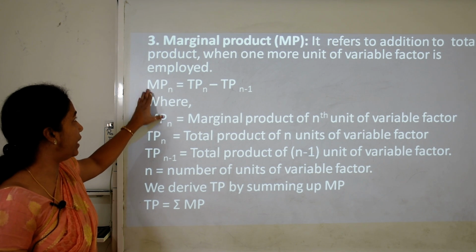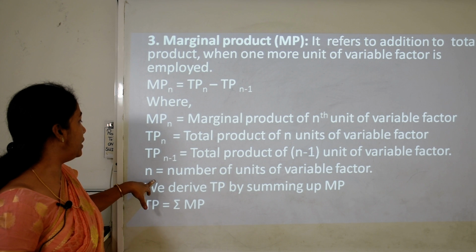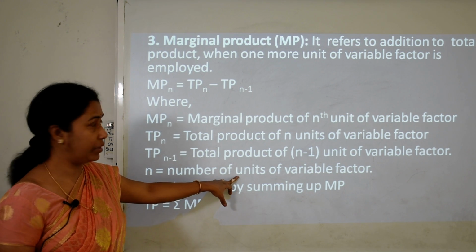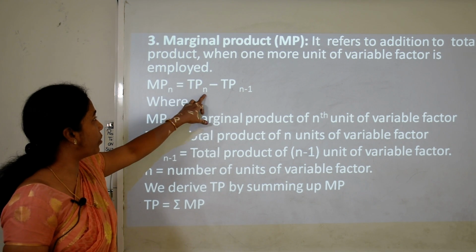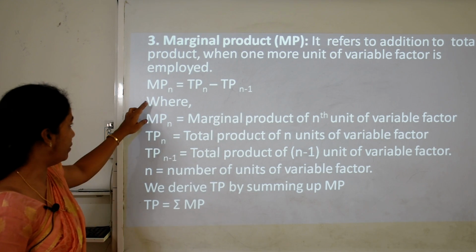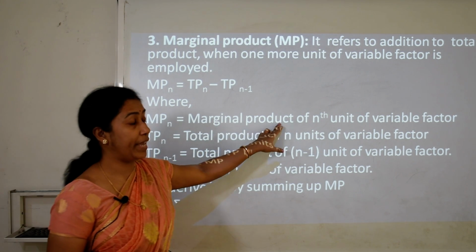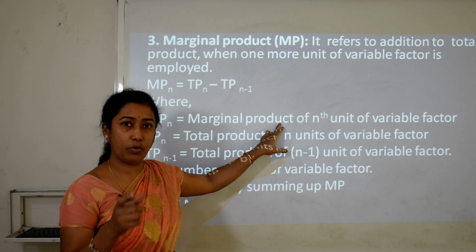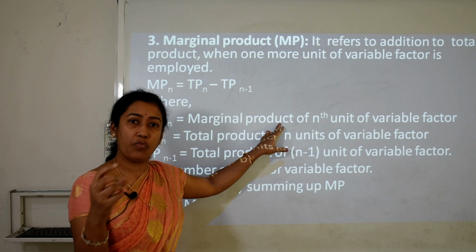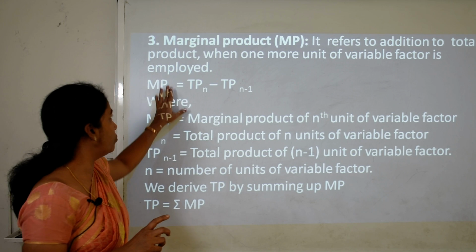We can calculate it as marginal product of N, where N stands for number of units of variable factor, equals total product of the nth unit minus total product of N minus 1. Marginal product of N is the marginal product of the nth unit of variable factor which we want to calculate, that is one further addition to total product. If we want to calculate it, we can use this formula.